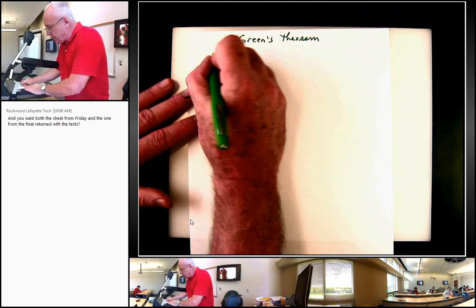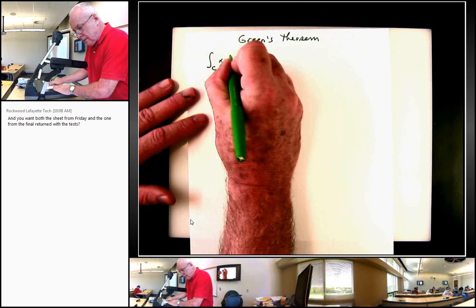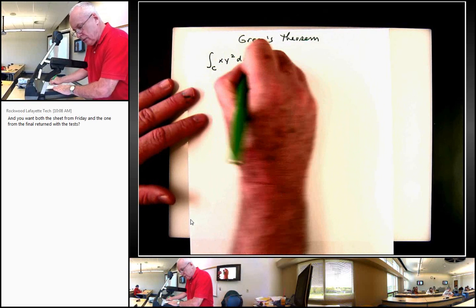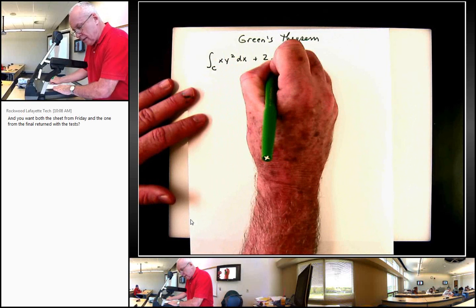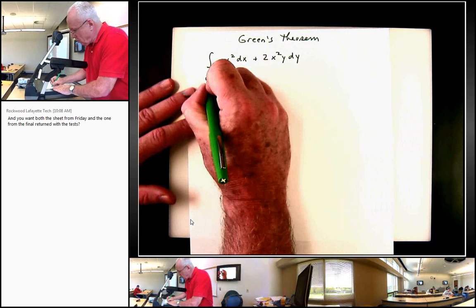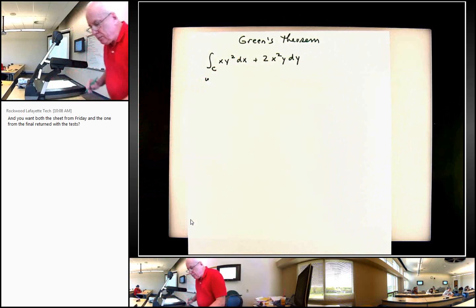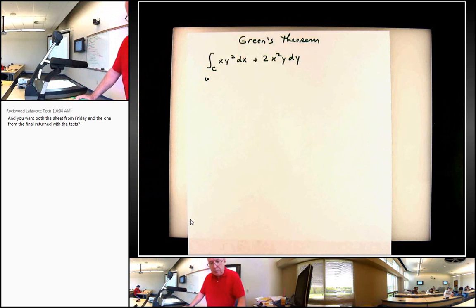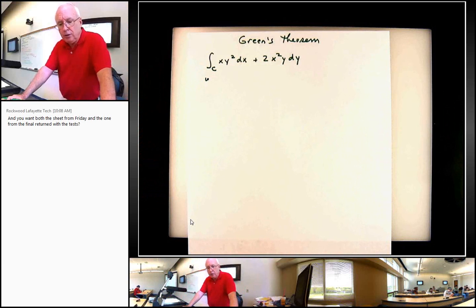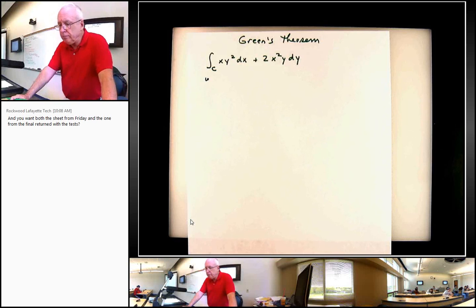We're told to evaluate the line integral over C of xy squared dx plus 2x squared y dy. This is problem number 5 under section 16.4 on your review set from page 1114.